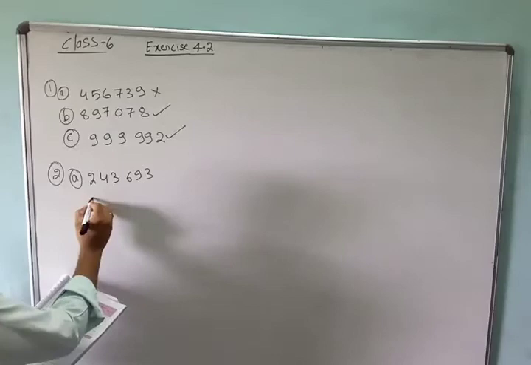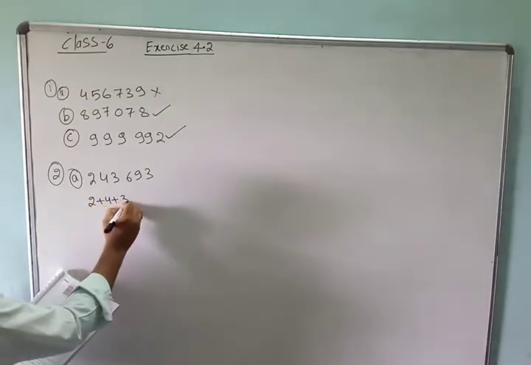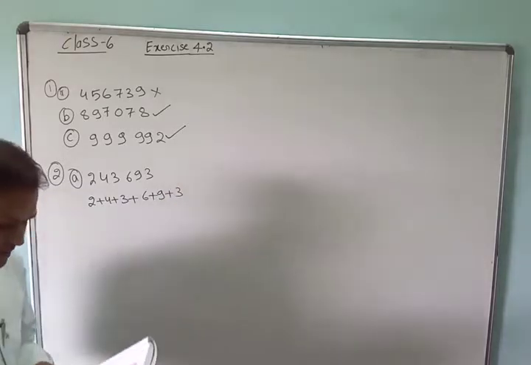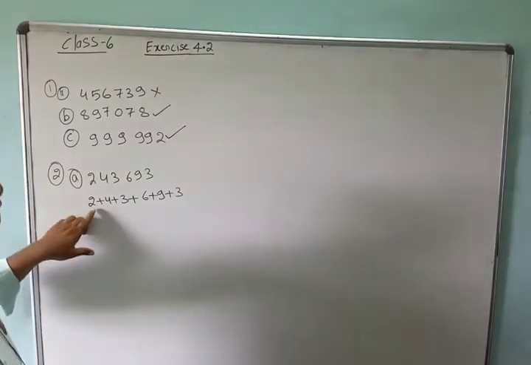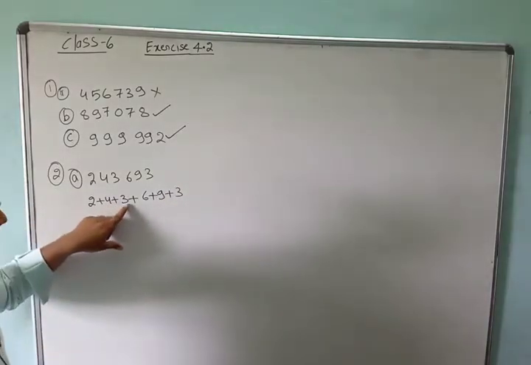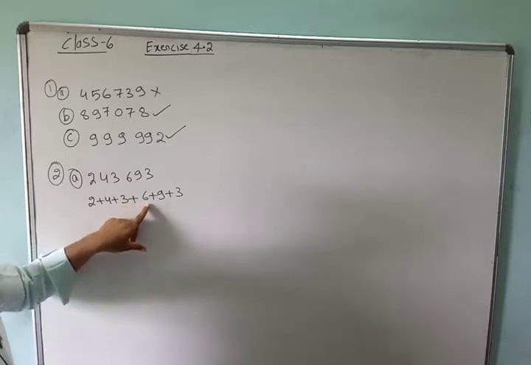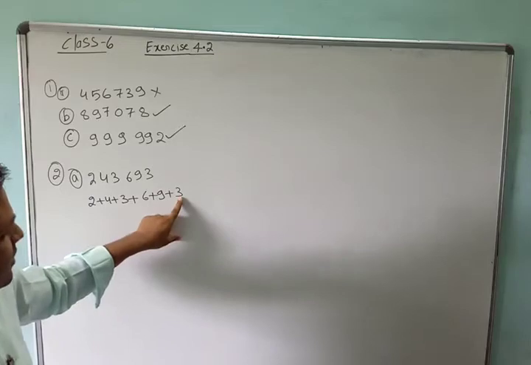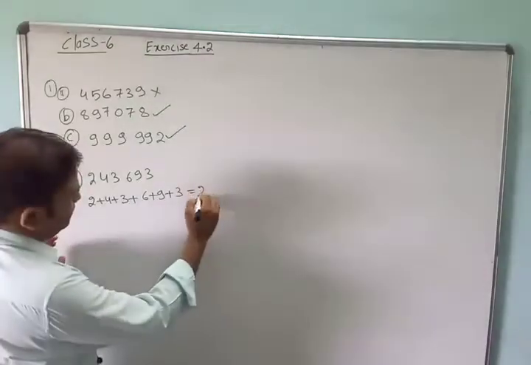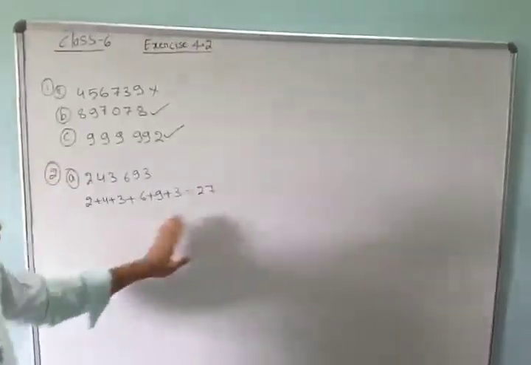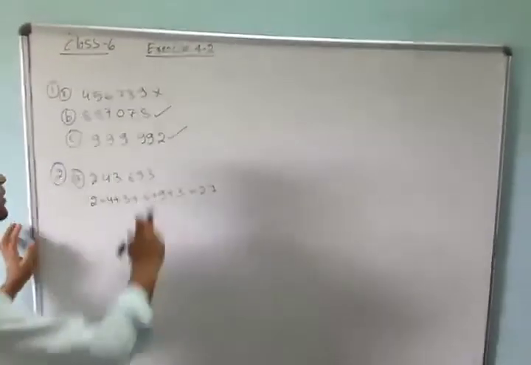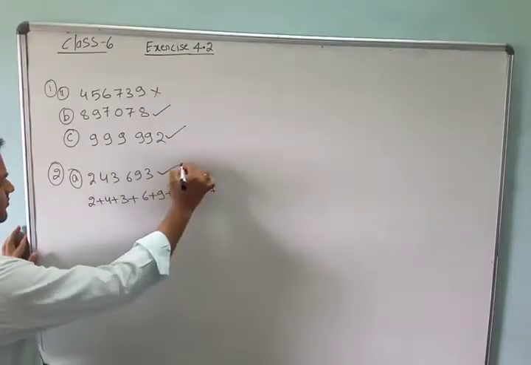Add the digits: 2 plus 4 plus 3 plus 6 plus 9 plus 3. 2 plus 4 is 6, 6 plus 3 is 9, 9 plus 6 is 15, 15 plus 9 is 24, 24 plus 3 is 27. The sum is 27 and 27 is divisible by 3. So the full number is divisible by 3.